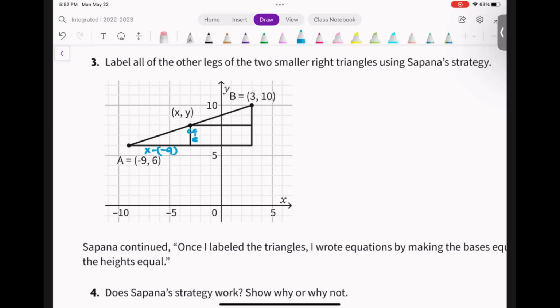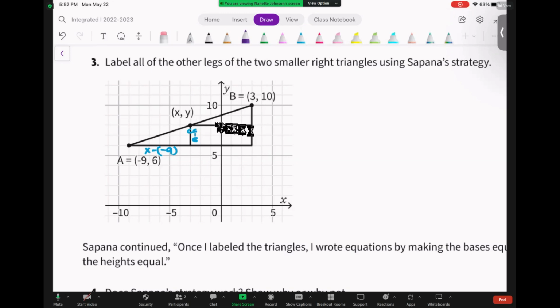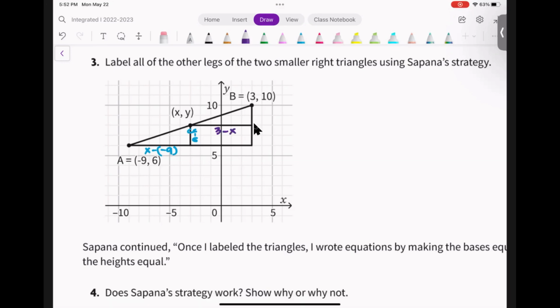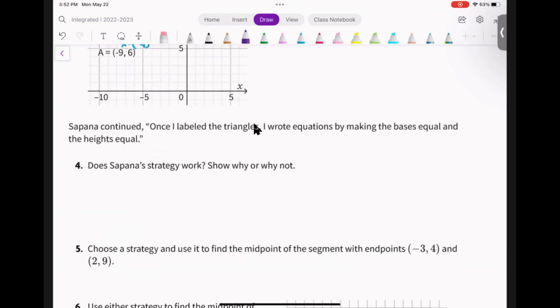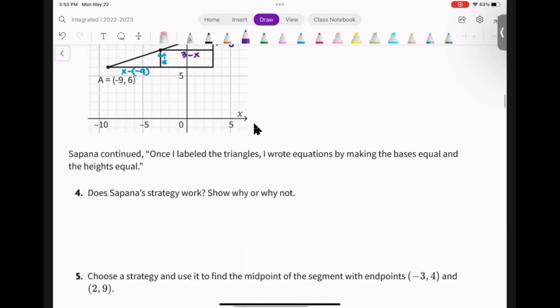So go ahead and label the other two sides of the smaller triangle based on that information, right? And so you get 3 minus x, and this would be 10 minus y, right? So Sabina continued, once I labeled the triangles, I wrote equations by making bases equal and heights equal.